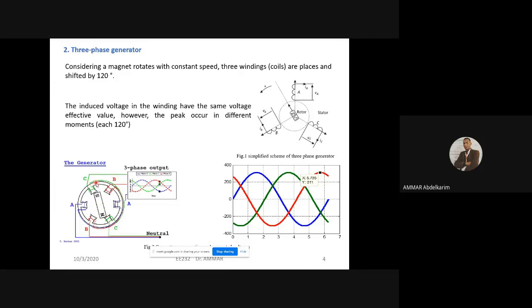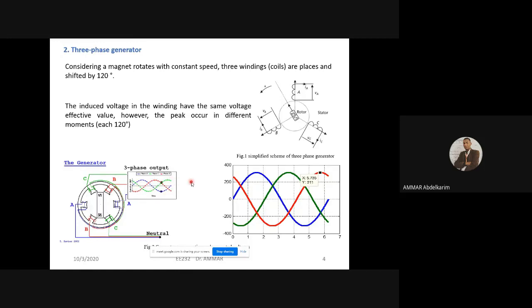For example, if the magnet is aligned with A here, the peak of A will appear. If the magnet is aligned with B, the peak of B will appear. If the magnet is aligned with C, the peak of C will appear.